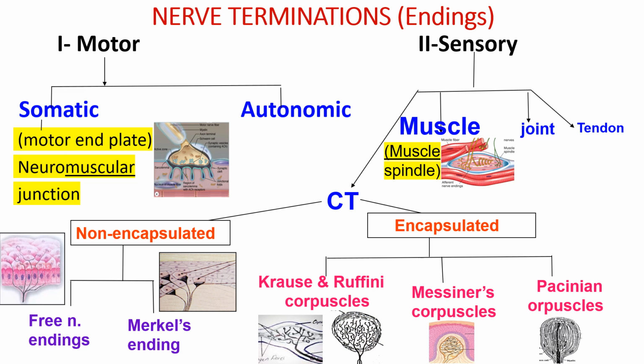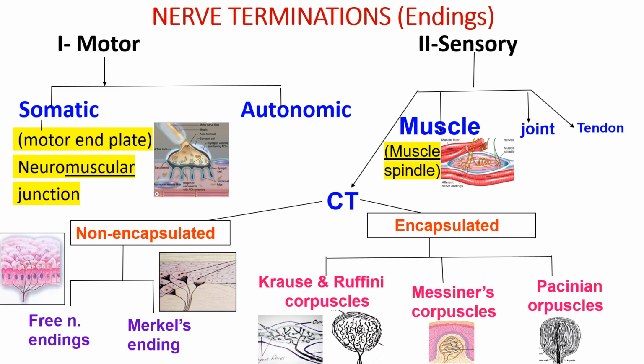Sensory endings, according to the area they are present in, are either in connective tissue, in muscle, or in joint or tendon. Endings present in connective tissue are either non-capsulated or capsulated.